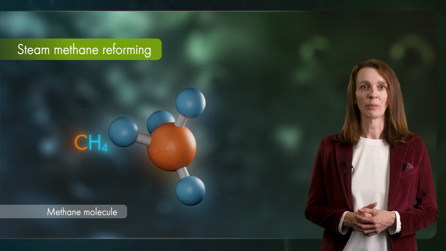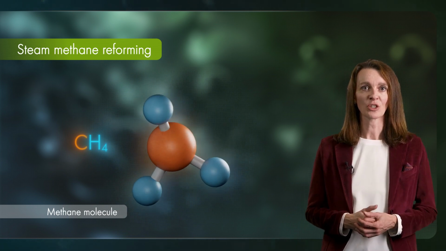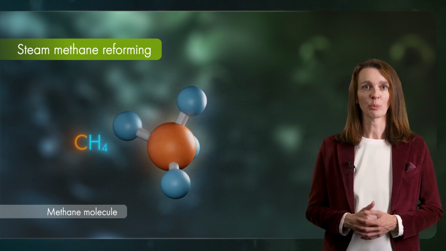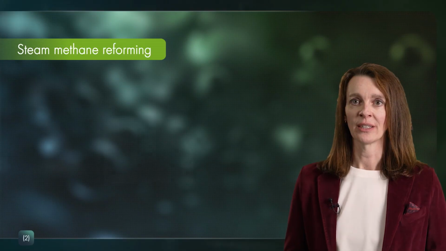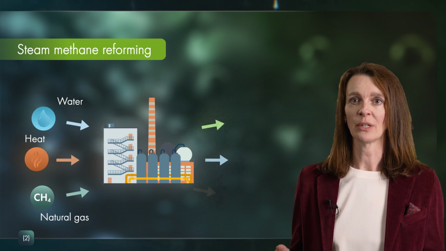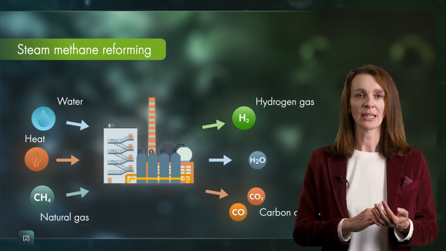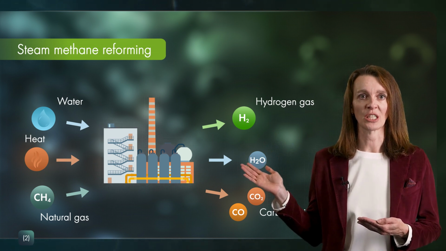This is the most common method to produce hydrogen, or more precisely, hydrogen carbon oxide mixtures. And it is not new at all. The process dates back to the 1920s. In this process, methane is catalytically converted through reaction with steam into hydrogen and carbon oxides, carbon monoxide and carbon dioxide. This requires an input of energy.